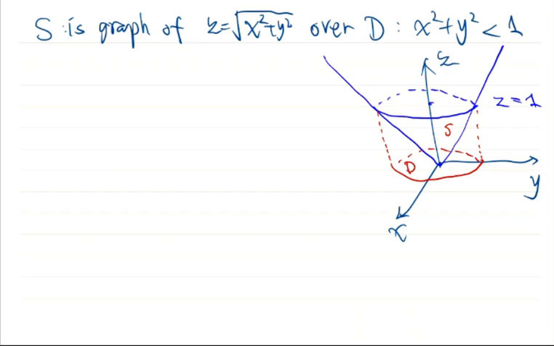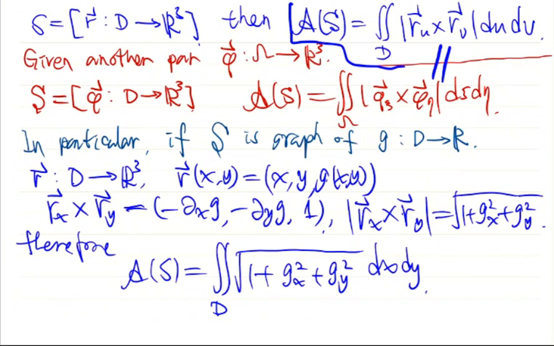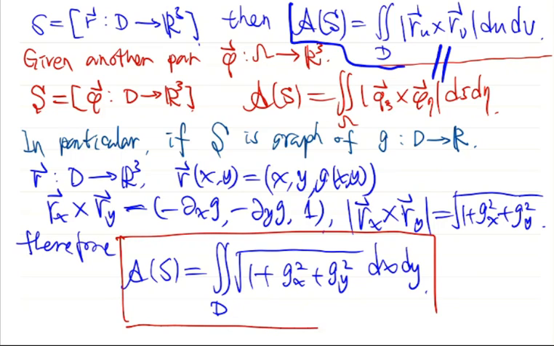So how do we compute the area of this surface? Because this surface is the graph of a function, we need to take the derivative of the function and then apply the formula we just mentioned.